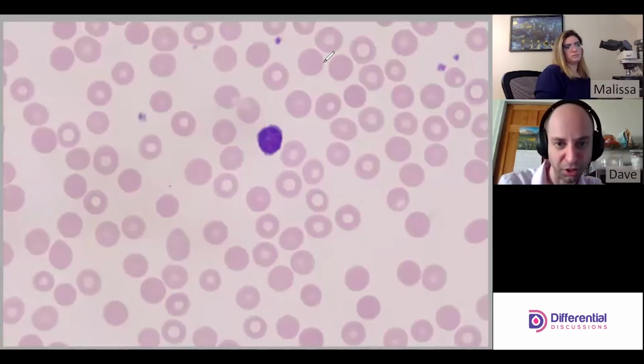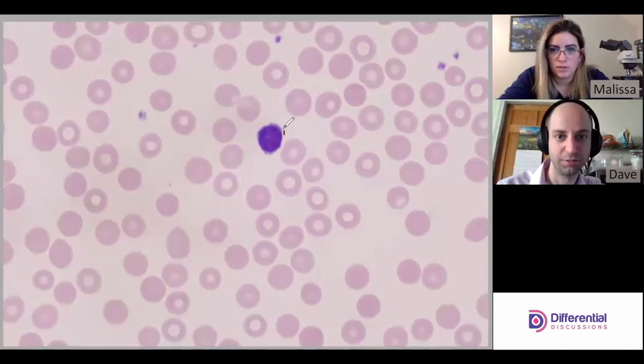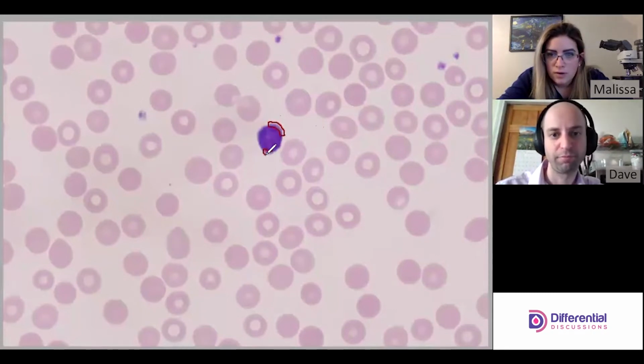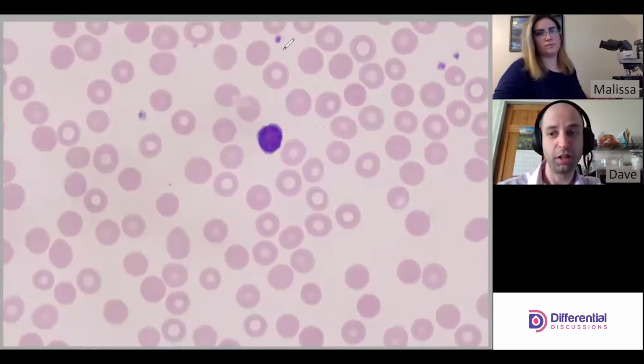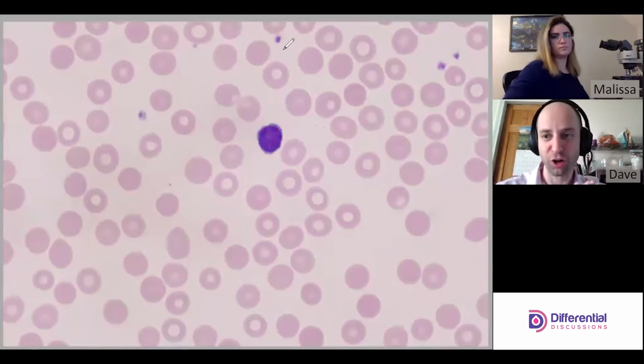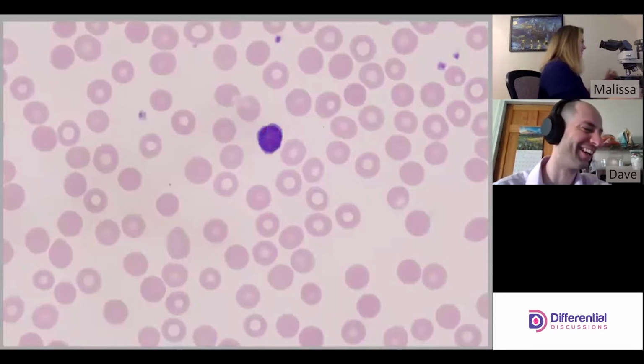But if we look carefully, we can see that slight blue at the edges. There's a little bit right here, a little bit over here, and a teeny weeny bit around the edges right here. Now let me clear that for you so you can really take a look. A basophil will never, ever have a blue cytoplasm, ever. There aren't many times we can say never, ever. Yeah, it's very helpful when you can.